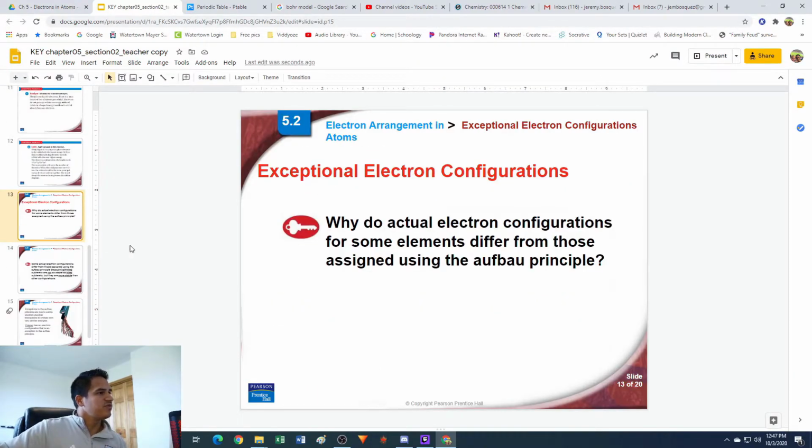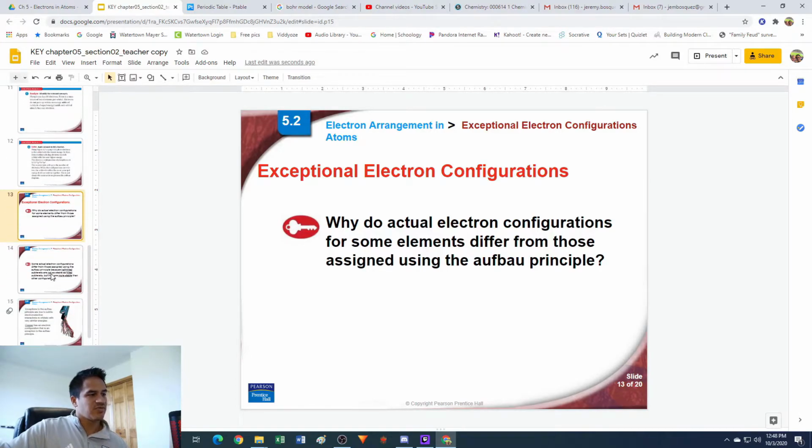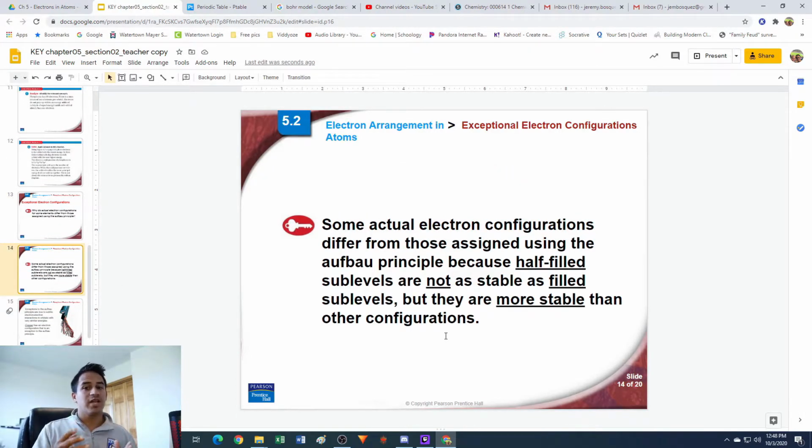Okay, so moving on then, it says exceptional electron configurations. There are some exceptions to some of these rules. Basically, there are some elements that have electron configurations that are different from what they should be, meaning that they're either breaking the Aufbau principle or the Pauli exclusion principle. And there's a reason why they do this.